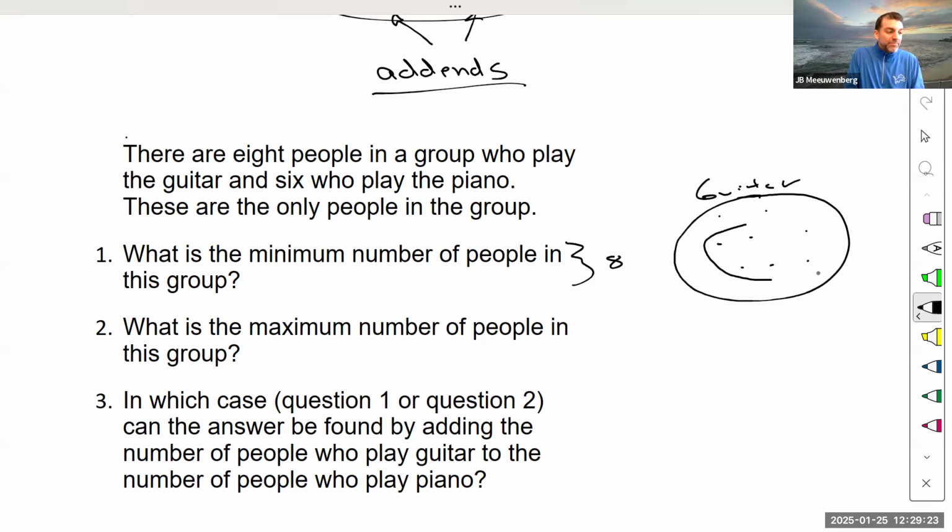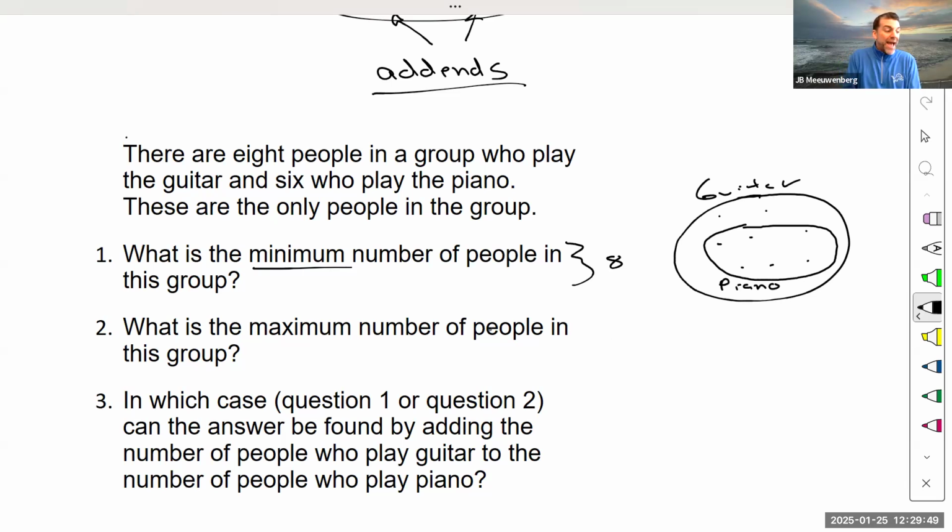But 6 of them, these 6 we'll say, play the piano. So the group that plays piano is a subset of the group that plays the guitar, right? So everybody plays the guitar, but only 6 of those people play the piano. So that would mean there's 8 people in the group. That's the minimum number.